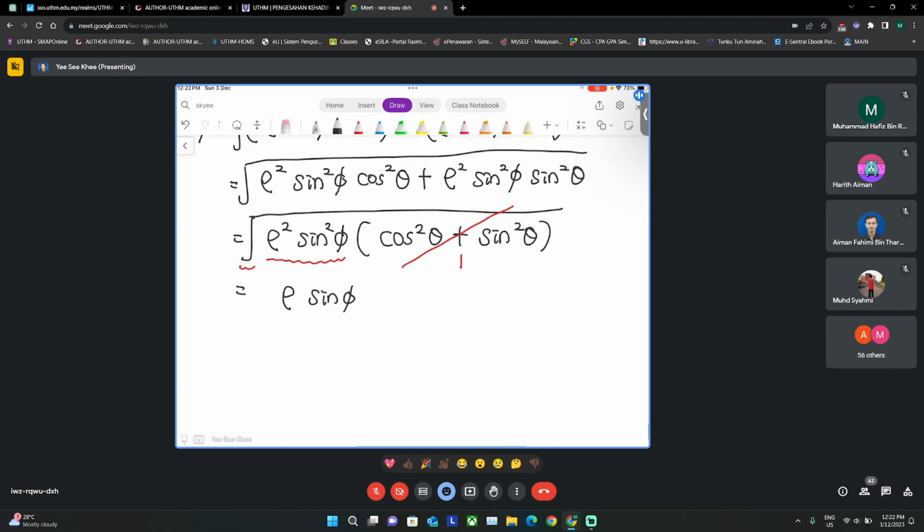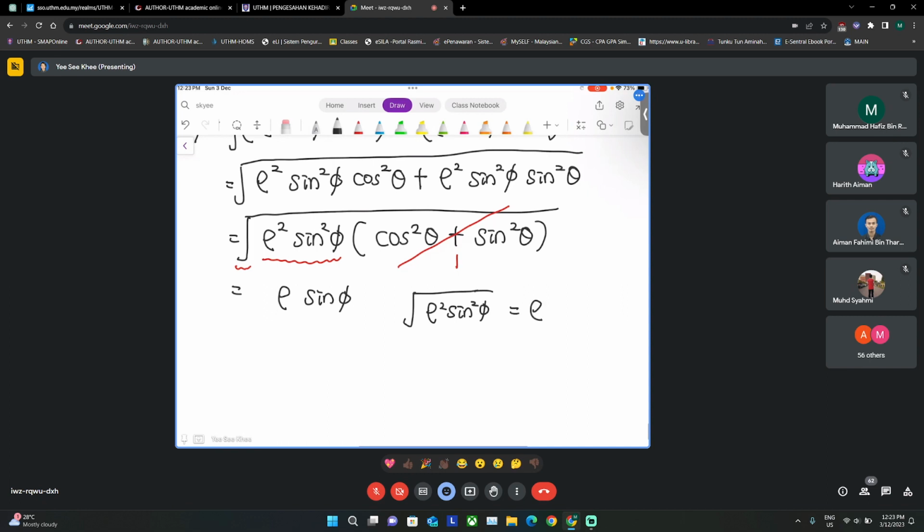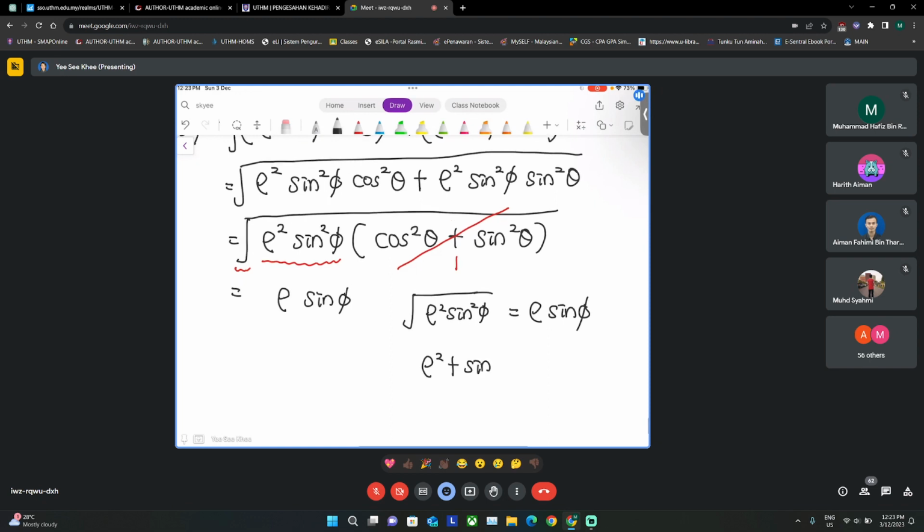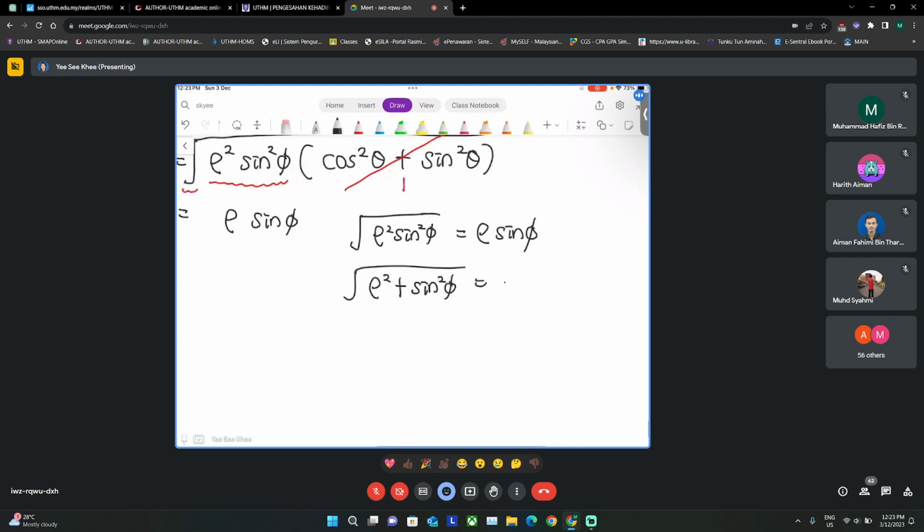Many of you cannot determine whether you can just remove the square and the square root or not. For example, in this case, it is rho squared sine squared phi. So you can just remove the square and square root to make it rho sine phi. But in a different case, for example, the square root of rho squared plus sine squared phi, can you remove it to be rho plus sine phi?